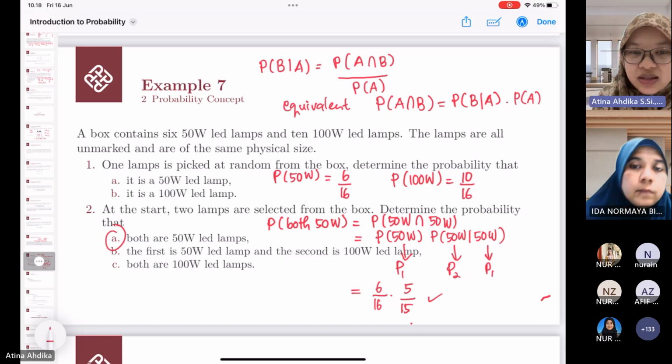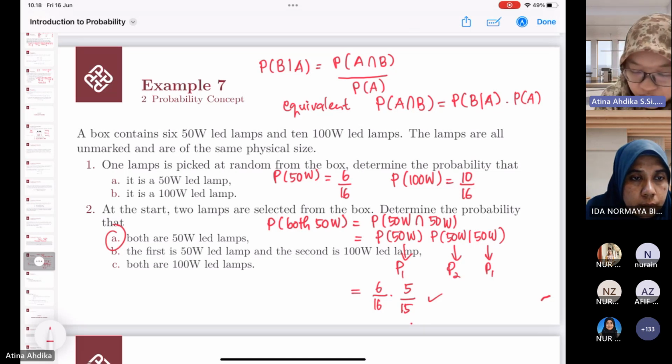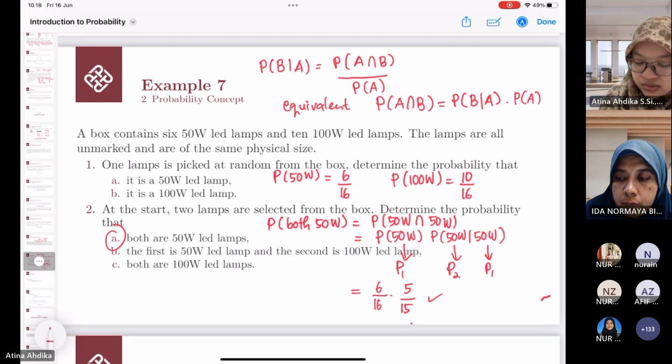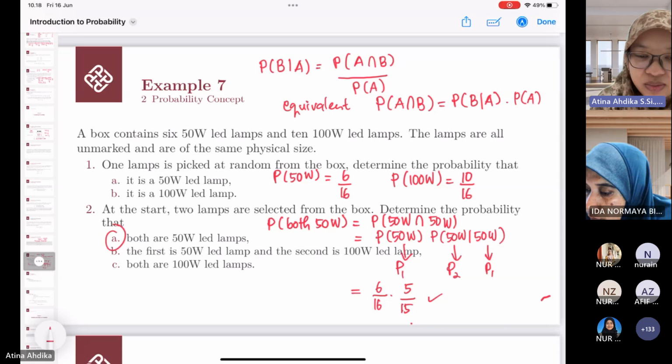Okay. So the second one, what is the probability that the first is 50-watt and the second is 100-watt? So how can we calculate this problem?